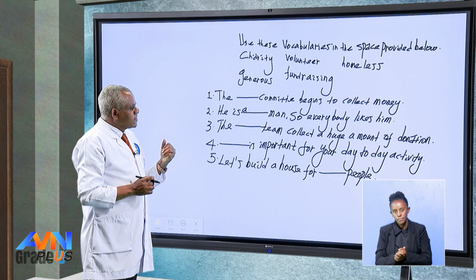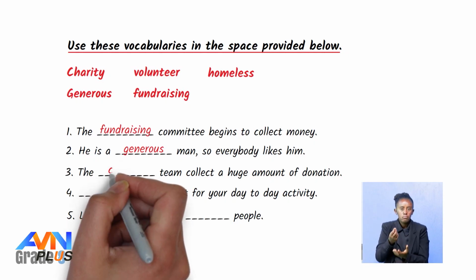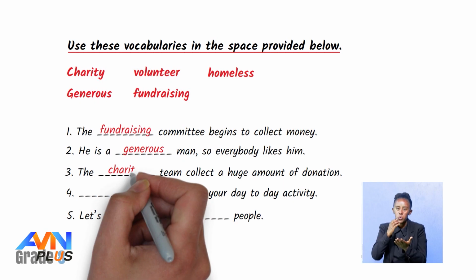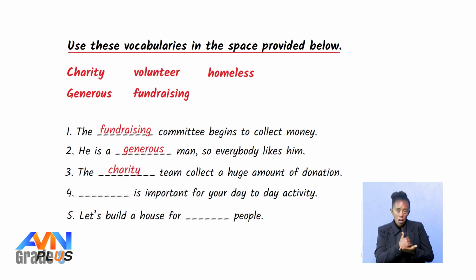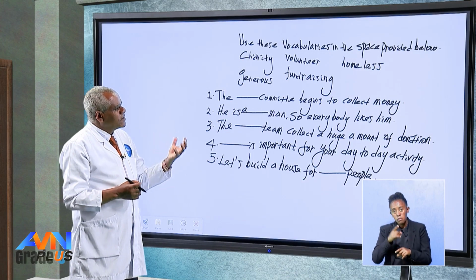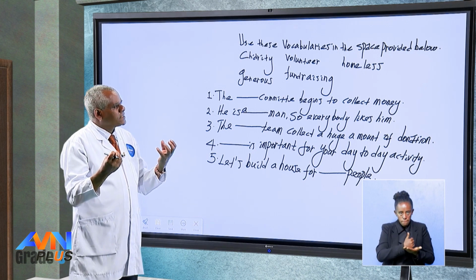Good. The blank team collects a huge amount of donation. The charity team maybe, or the fundraising team maybe. Both are acceptable. What do you think is correct? These two words are fundraising and charity. Fundraising is a kind of activity to collect something.